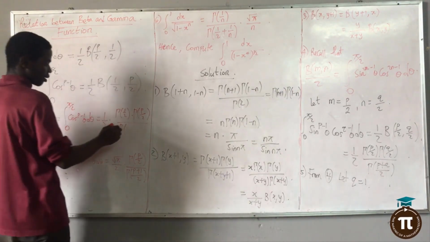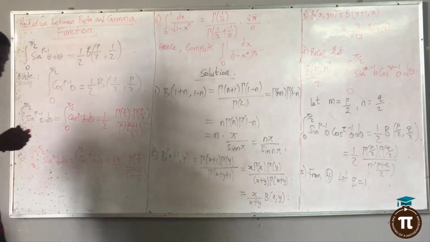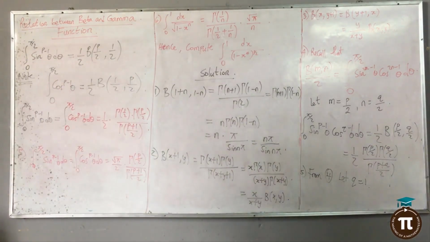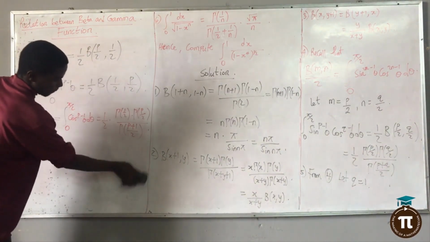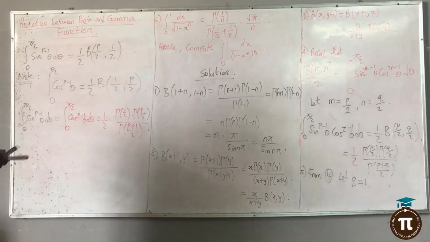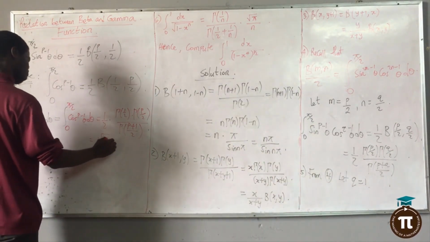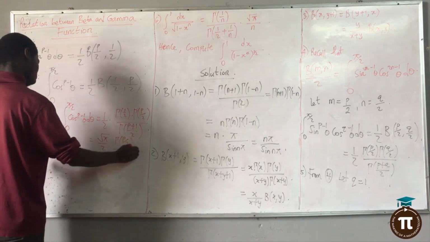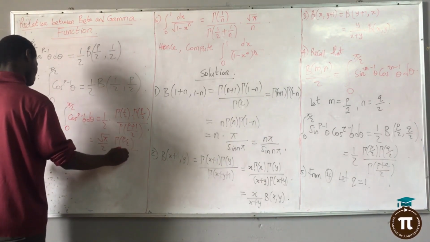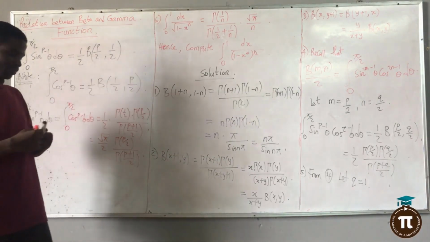Gamma of 1 over 2 is square root of pi, so I have root pi over 2, gamma of p over 2 all over gamma of p plus 1 over 2, and that's all.